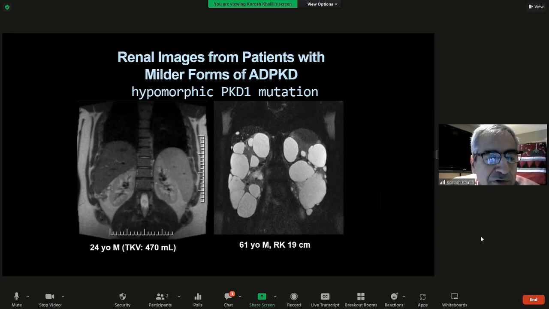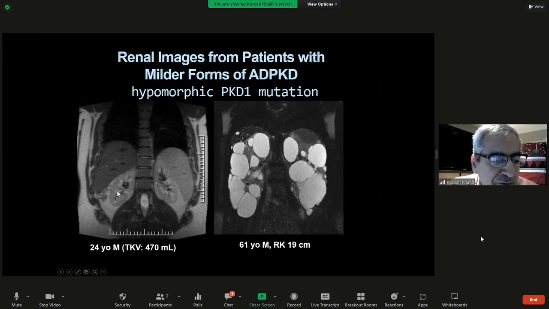Now, with milder forms, if the PKD1 gene produces a protein that functions somewhat, so all the function is not gone, then the disease is there, but it is much milder. So in this 24-year-old, if you really squint, you can see tiny little cysts.